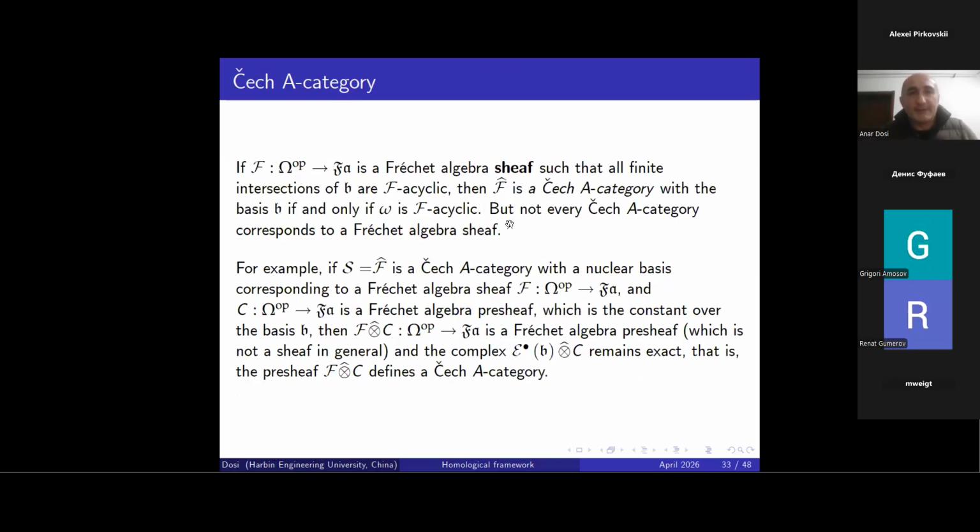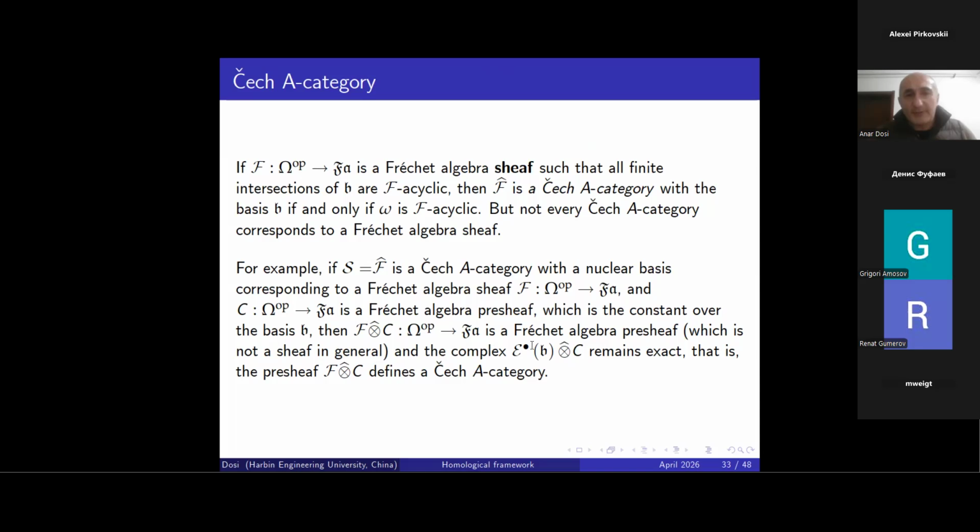Well, in the sheaf case, we know the famous result of Leray. If all finite intersections are F-acyclic, then Čech category means just omega should be F-acyclic. But not every Čech A category corresponds to a Fréchet algebra sheaf.